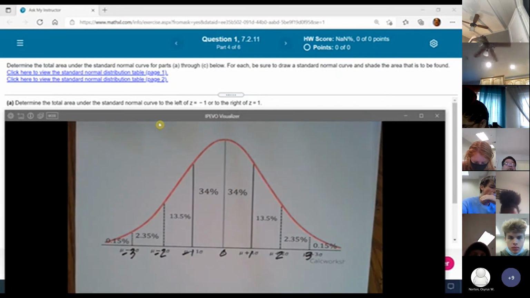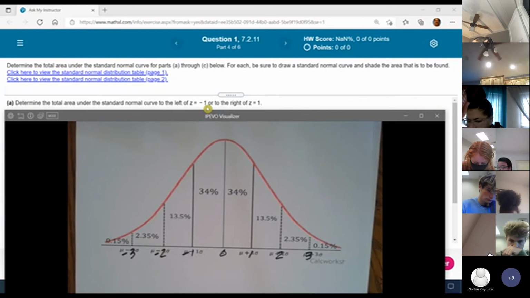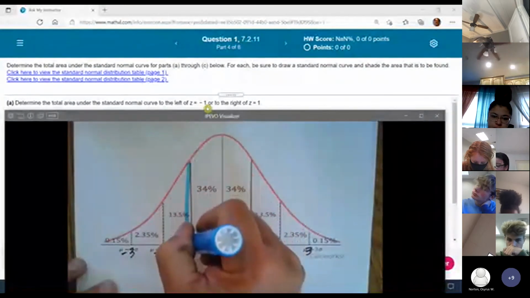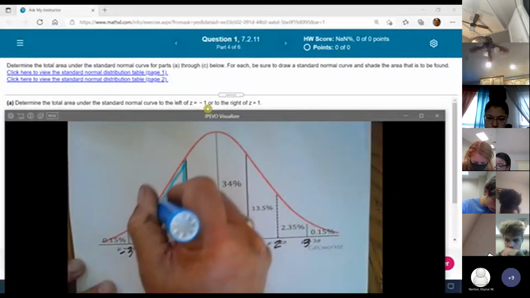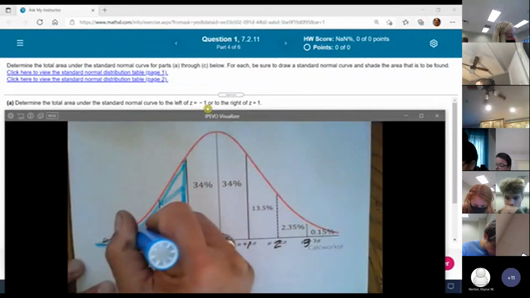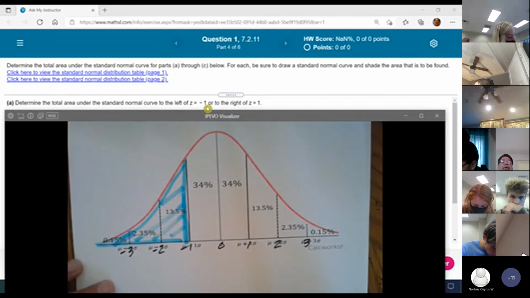The question says, determine the total area under the standard curve left of -1 and right of +1.